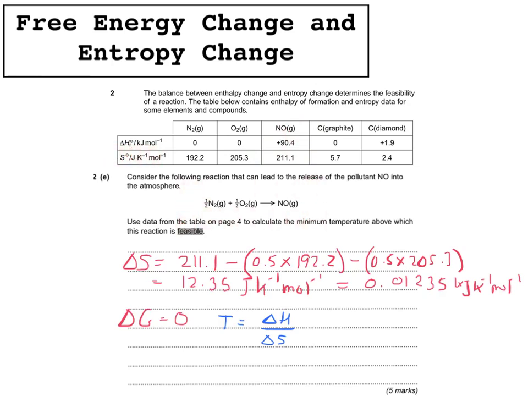So we've got 90.4 divided by, which is in kilojoules per mole, which is why we had to convert our entropy change into kilojoules per Kelvin per mole. We're going to divide that by 0.01235, and that will give us our temperature of 7,320, and this is in Kelvin.